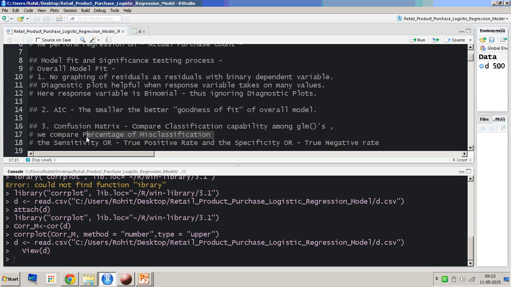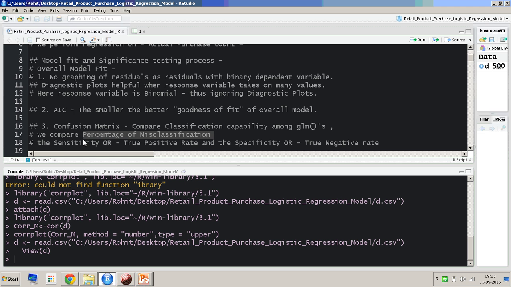Once we've done that, we will be able to say which particular model had a better true positive rate and did not have a very high false positive rate, or also a true negative rate.